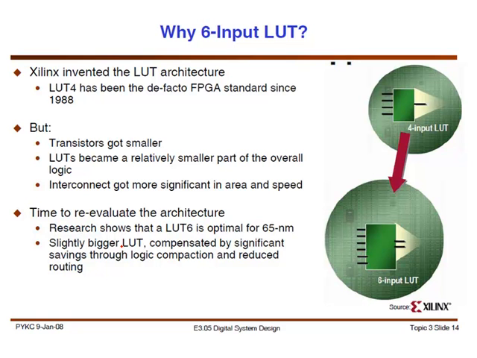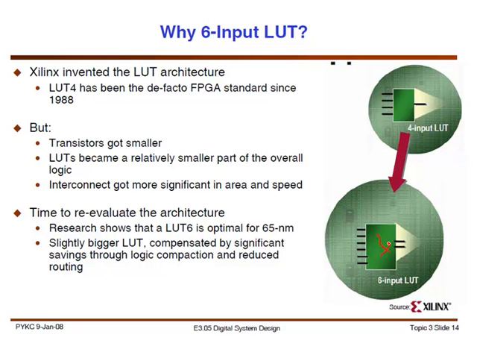Now, the question of why we no longer use 4 input lookup tables and we use 6 input lookup tables. I partly alluded to this when I talked about hiding some of the interconnects between the logic that you map in here, right?